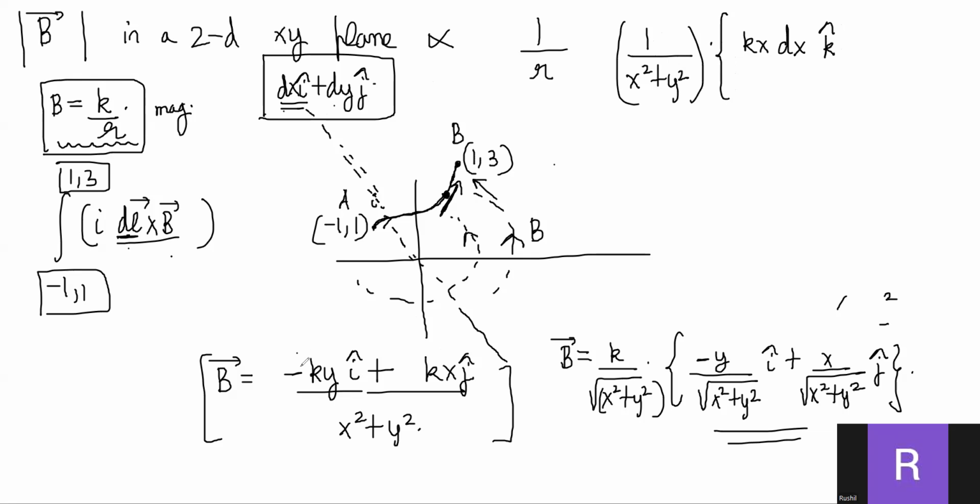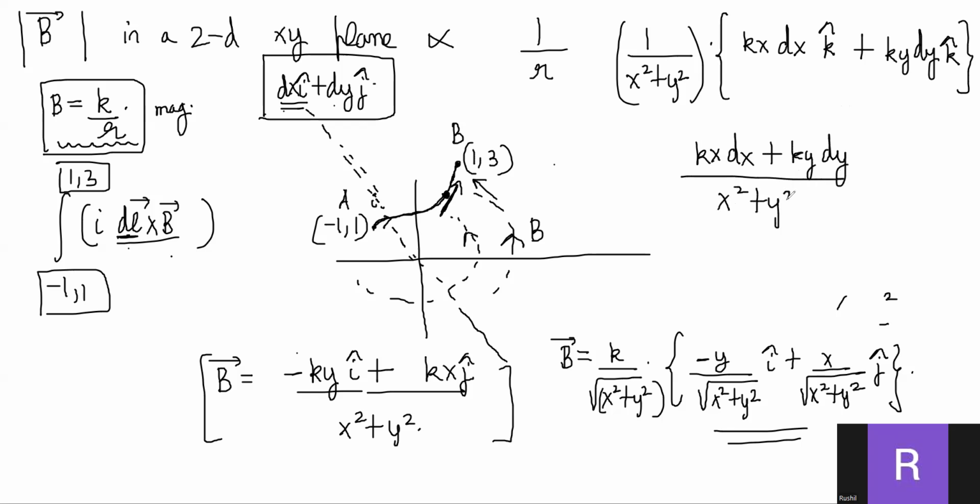Minus minus becomes plus, so plus ky dy. It just gets added, the other terms are gone. You have (kx dx plus ky dy) by (x square plus y square) as dl cross B. Then integrate from (-1, 1) to (1, 3).